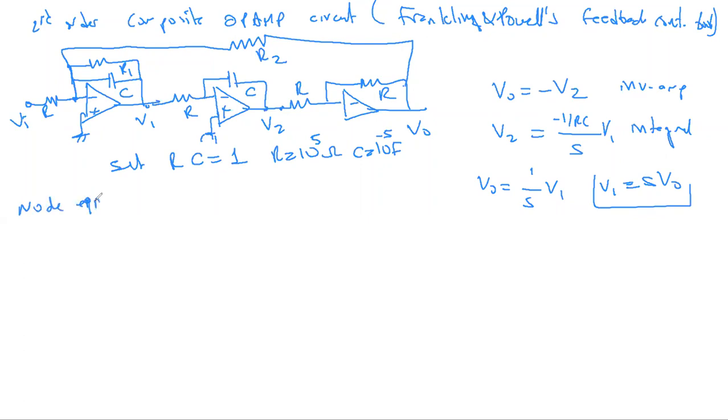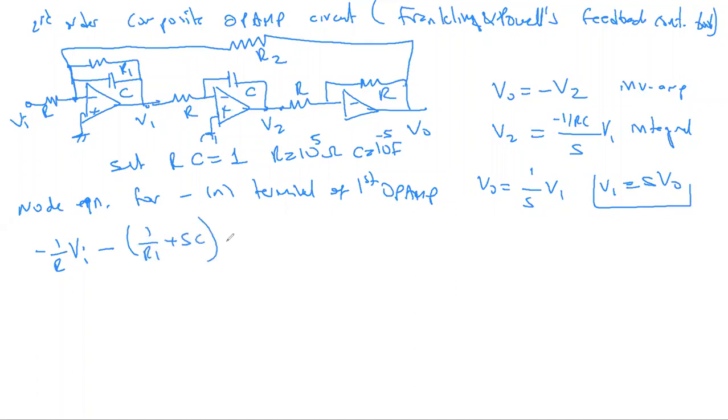Node equation for n: minus 1 over R times VI, then minus 1 over R1 plus SC times V1, where V1 was equal to S times V0, minus 1 over R2 times V0 equals 0.